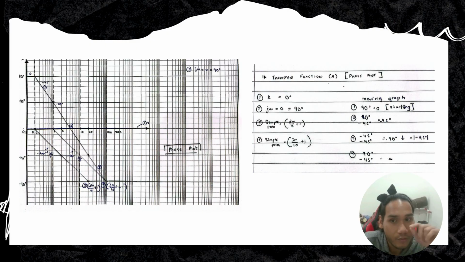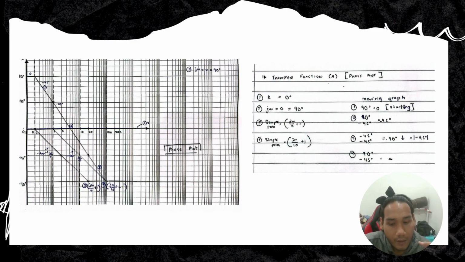So we will get 0.2 radians per second. Thus we will have the first phase plot starting at 0.2 radians per second and ending at 20 radians per second. It is the same as the next one, j omega divided by 10 plus 1.